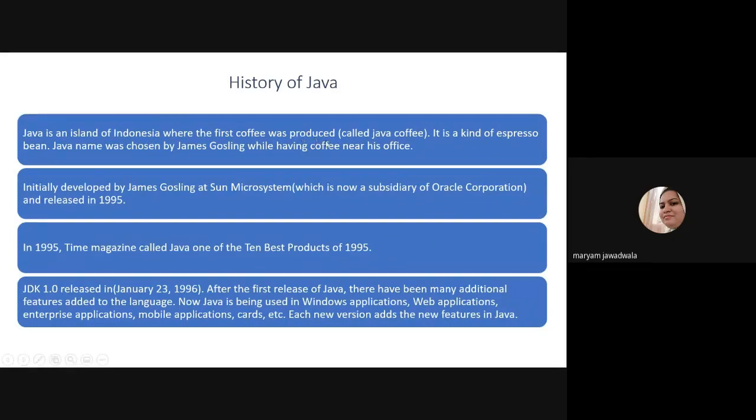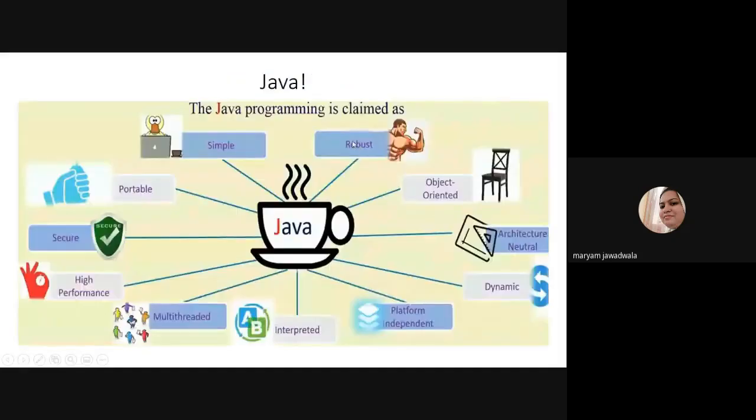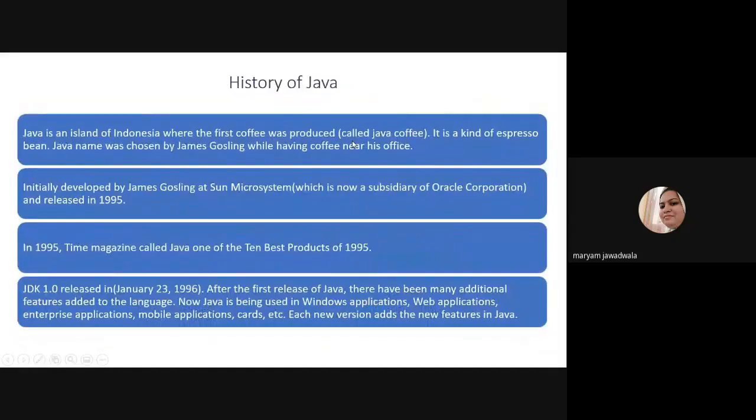It is known as Java coffee, right? So it is a kind of espresso bean. The Java name was chosen by James Gosling because he was very fond of coffee at that time, so he named the language Java. It was initially developed by James Gosling at Sun Microsystems, right?